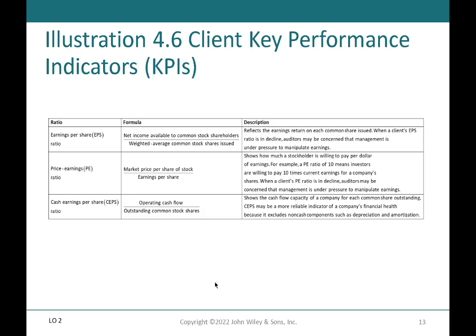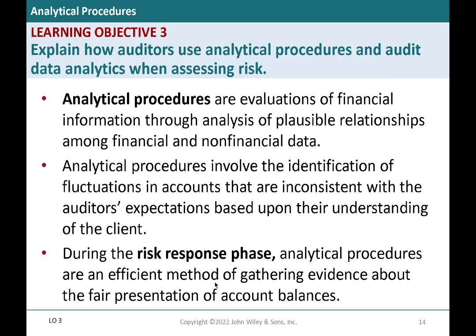So both managers and auditors are going to crunch numbers like this. And specifically auditors in this risk assessment stage need to crunch numbers like this to get a feel for how the company's doing overall.